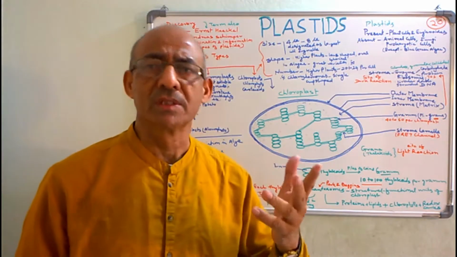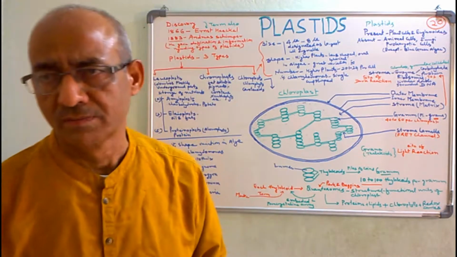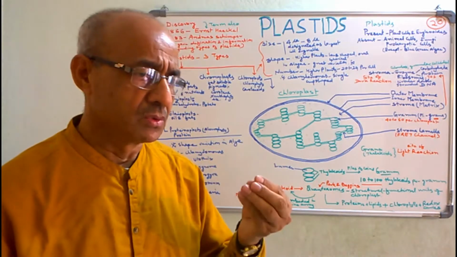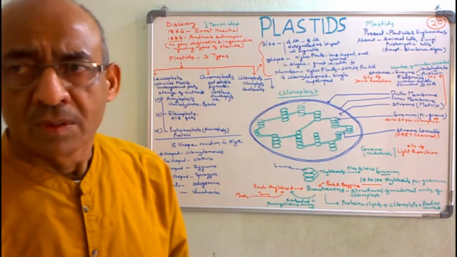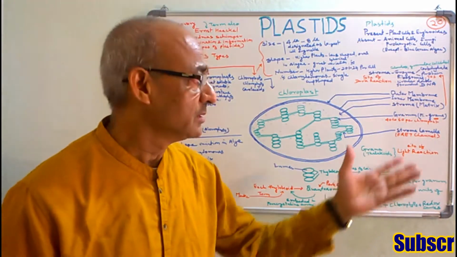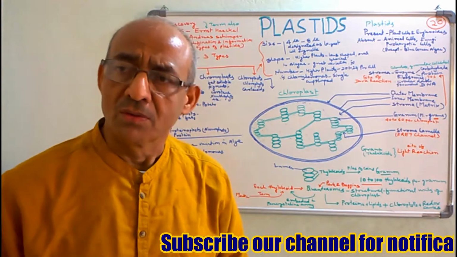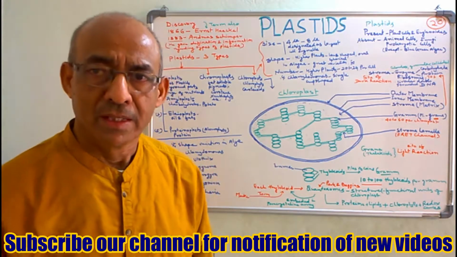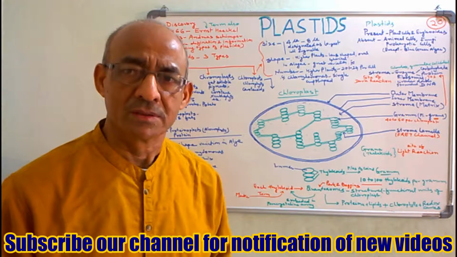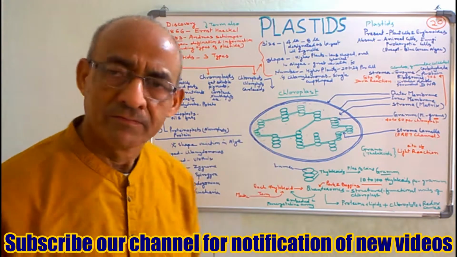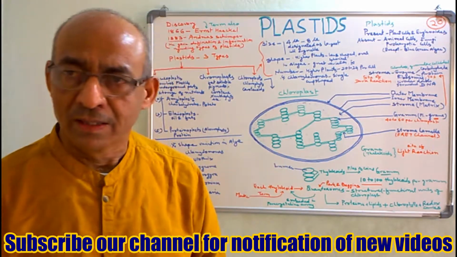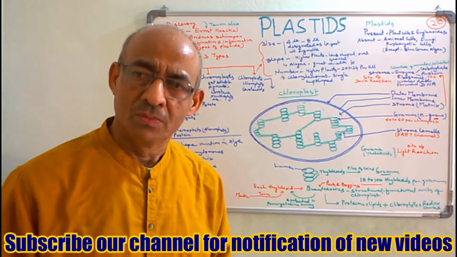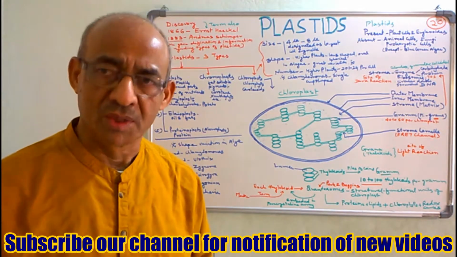Due to the presence of ribosomes, they have their own mechanism to synthesize protein, and due to the presence of circular DNA, they are capable of replication. Due to these properties, they serve as a cell, and so chloroplasts are also called semi-autonomous cell organelles.